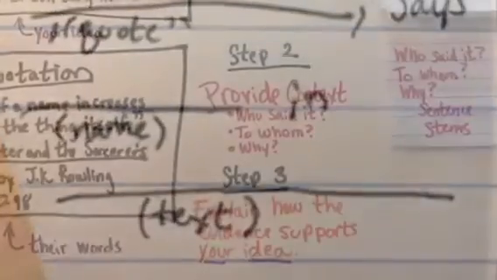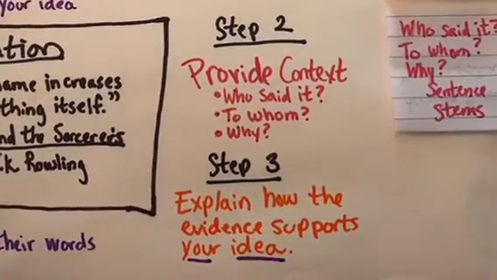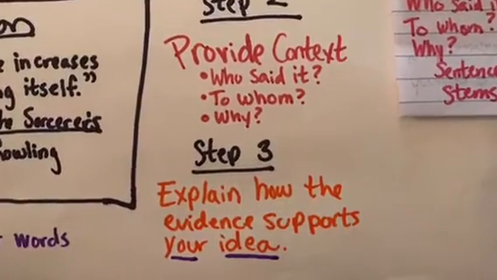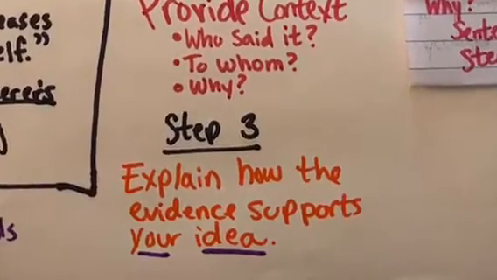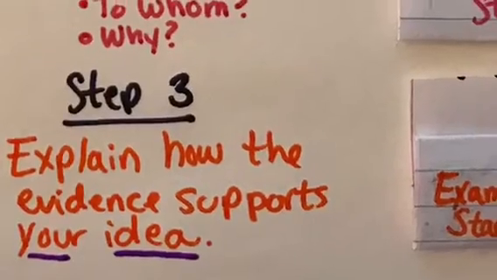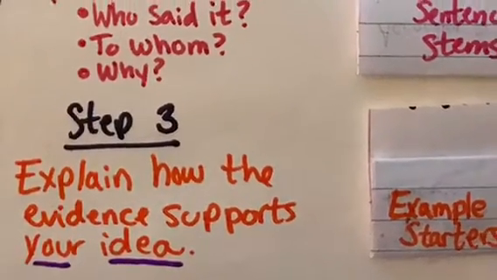Okay, step 3 is, and this is usually after you've provided your quote, you explain how the evidence supports your idea. So I'm just unrolling my example starters. After you've provided your quote, you could say "this demonstrates," or "this shows that." "This proves." "This is important because." "This quote confirms."